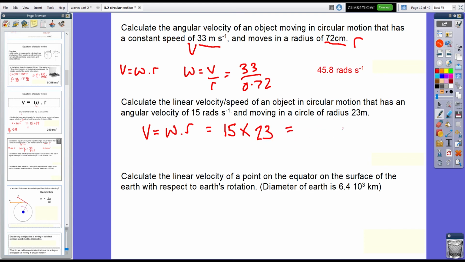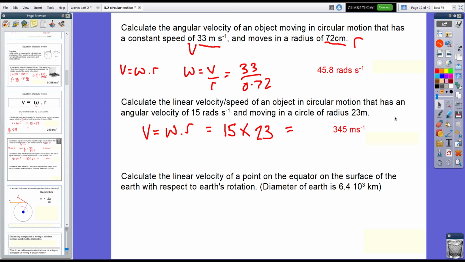That gives us an answer of 345 meters per second. So pretty fast if you're rotating around that fast. That's 2.5 cycles on a lever. That's maybe something like a centrifuge that might test the astronauts in or something like that.